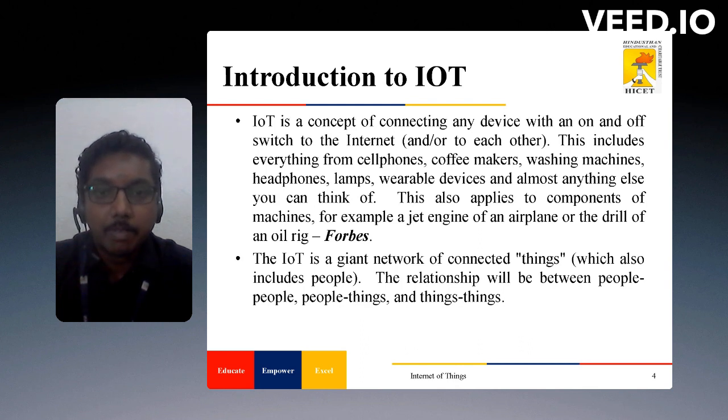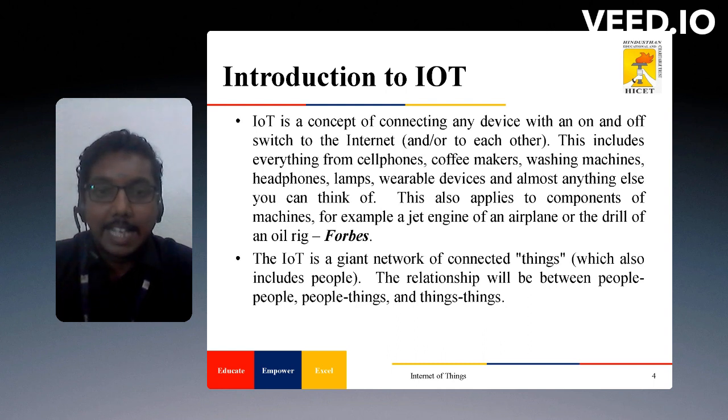For example, you can connect your mobile phones, a washing machine, headphones, even lamps and smartwatches, everything whatever you think of making connected with other devices. Is it possible? It is possible with the Internet of Things. All the things can be connected.